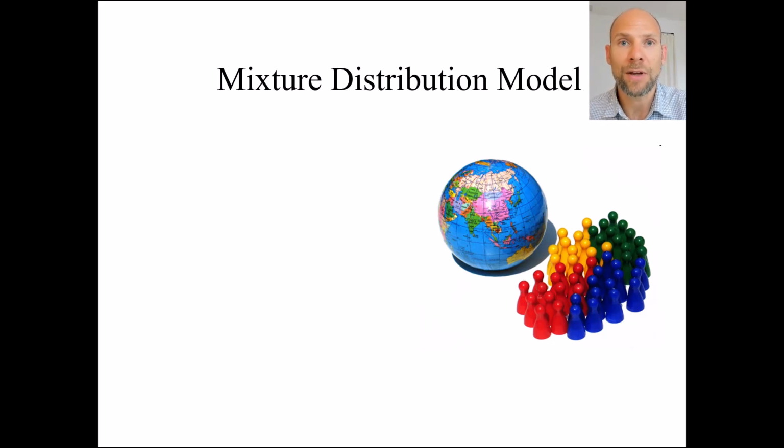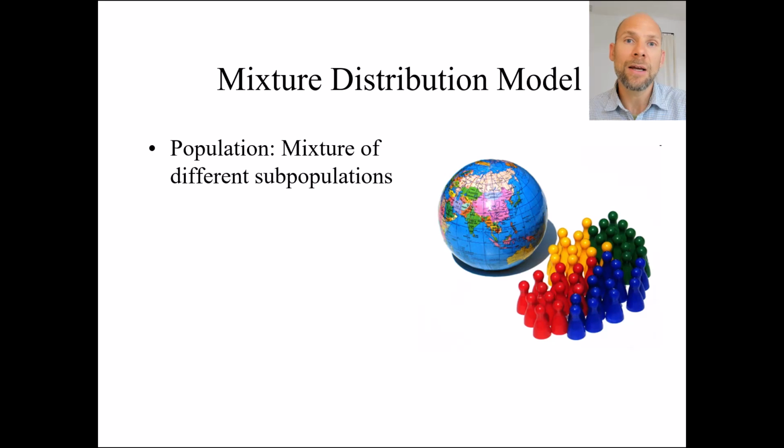For example, we have mixture regression models, growth mixture models, latent class analysis, latent profile analysis, latent transition analysis. So whenever we assume that there's population heterogeneity, meaning when we think that our population consists of qualitatively different subpopulations, like you can see here in this picture, where these groups differ in color, so to say.